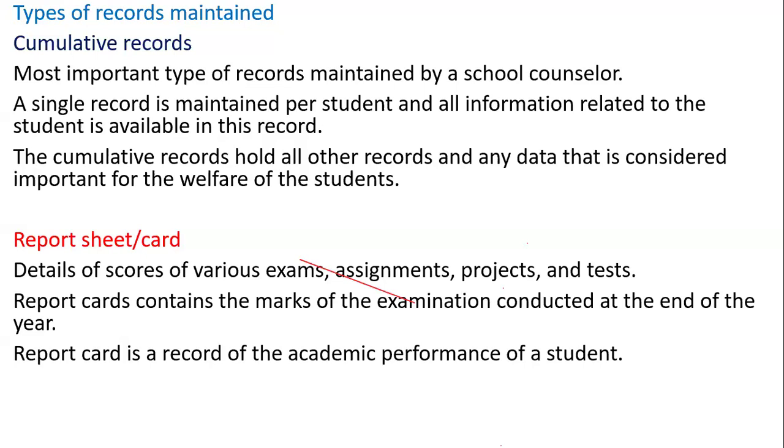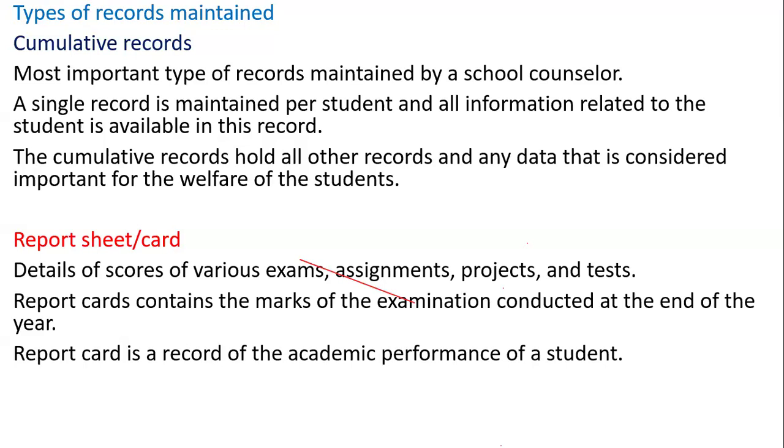So any data, that means his name, age, how the child learns, what kind of behavior there is, right? Any data that is important about the student is included in these cumulative records, right?